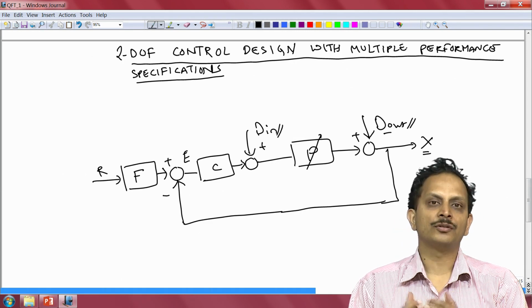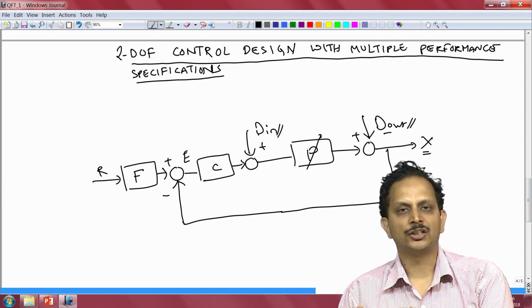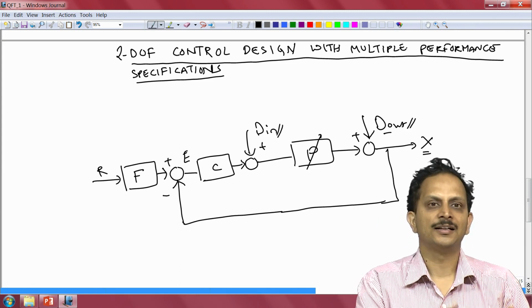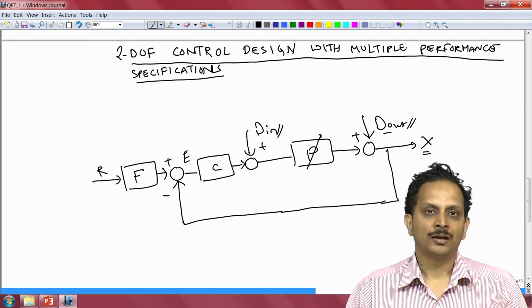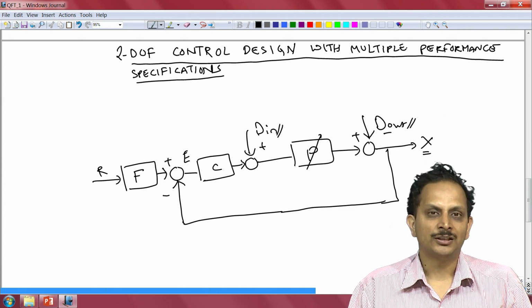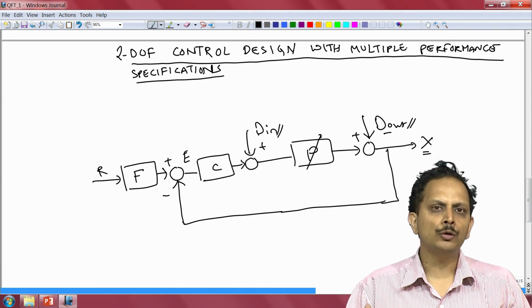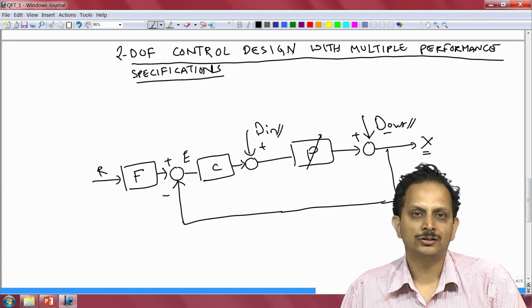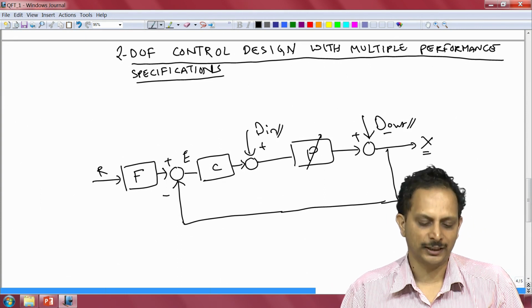Now each of the performance specifications, namely the rejection of output disturbances and the rejection of input disturbances and the robust tracking requirements, impose constraints on the loop gain, or in other words, the magnitude and the phase of the loop gain have to assume values only in certain specified ranges in order for them to reject disturbances or track references according to the specifications.